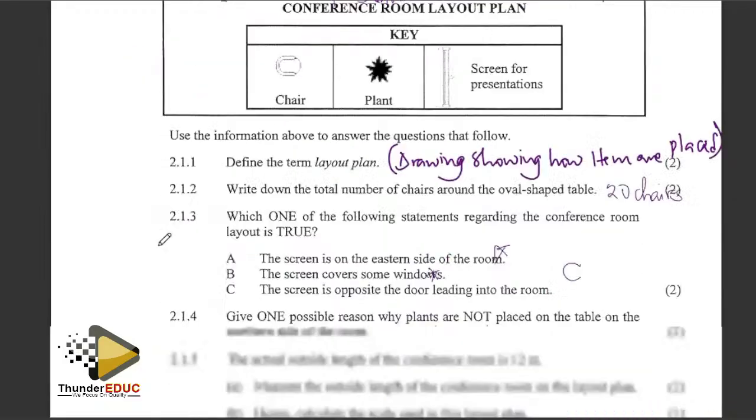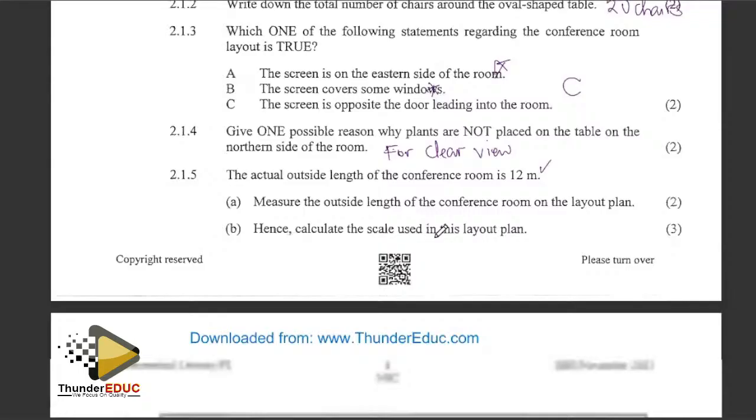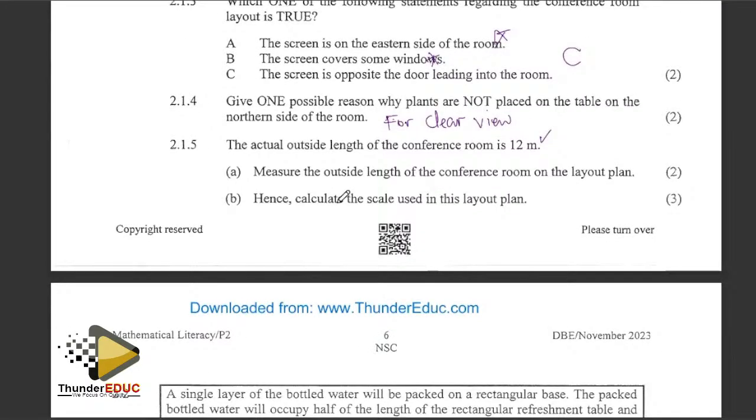So we shall come here. They are telling us, hence, calculate the scale used. So on the map, it's 125. In real life, it's 12 meters. Changing the meters to millimeters, multiply by 1,000. So now the scale is 125 is to 12,000.